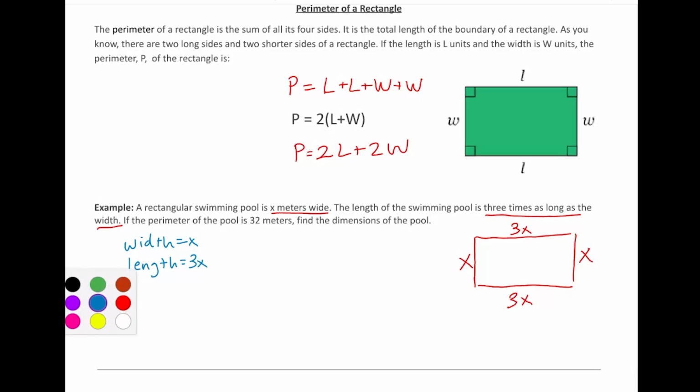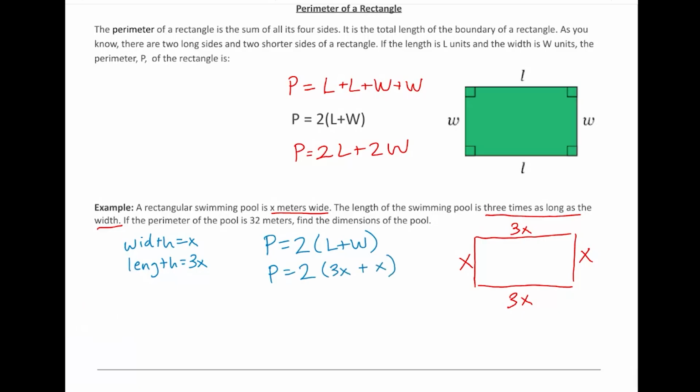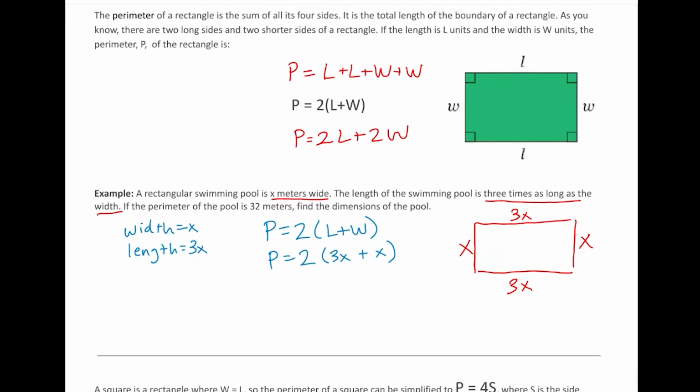If the perimeter is twice the sum of the length and the width, or you could use any of those other formulas, or just add them up, any way you want to do that is fine. I'm going to rewrite this as 2 times the length, which is 3x, plus the width, which is x. It also says that the perimeter is 32, so I'm going to replace that P with a 32.